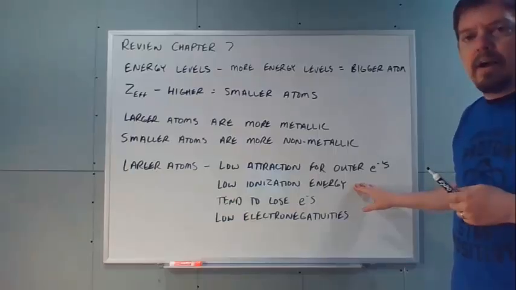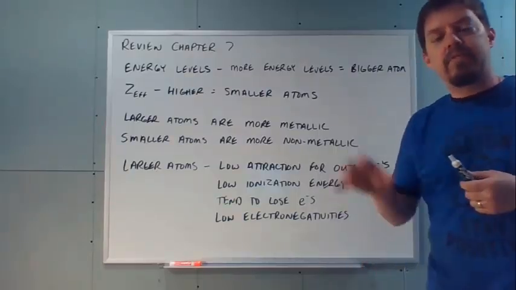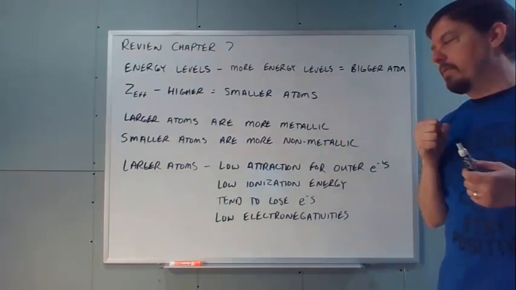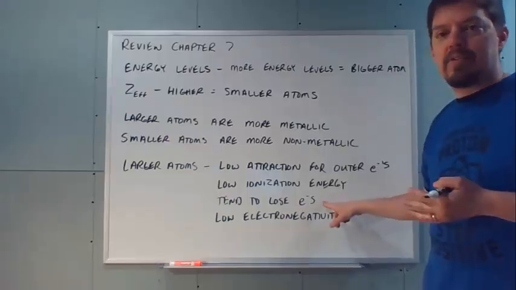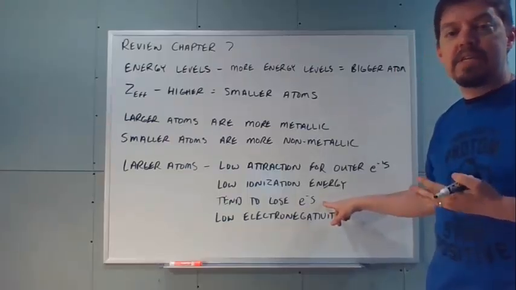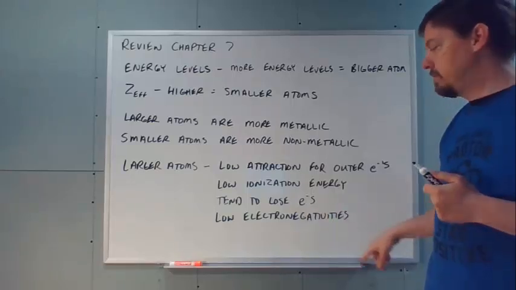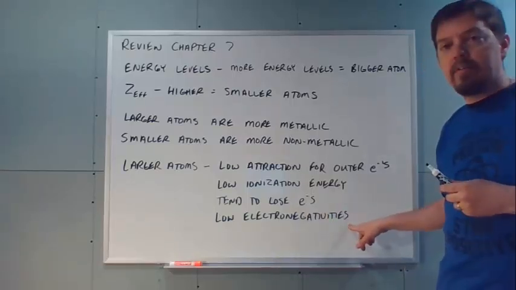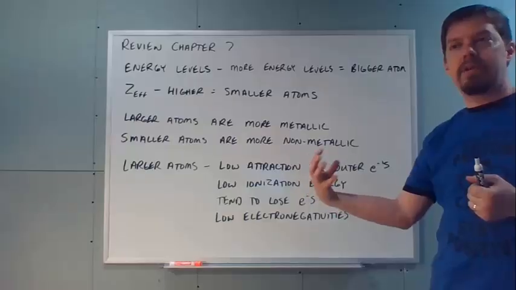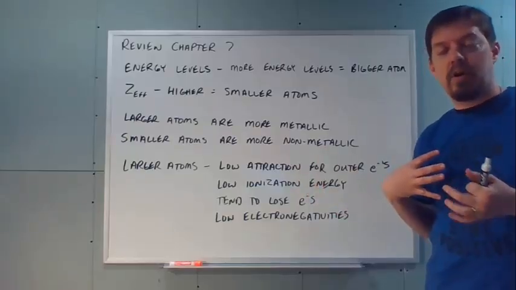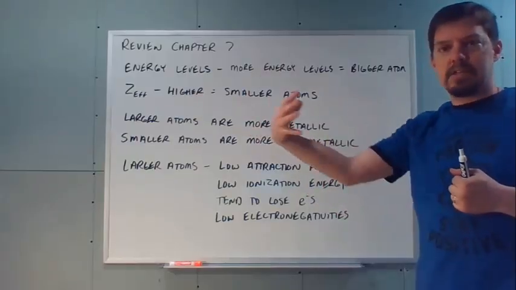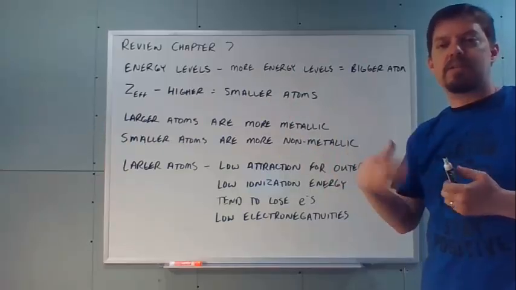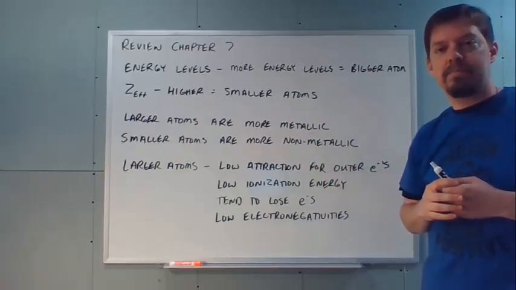Therefore, they're going to have high ionization energies, which means it's going to be really hard to remove electrons from it. They're going to tend to gain electrons rather than lose them, or at least share as another possibility. And they're going to have pretty high electronegativities because they attract their own electrons really well. They're also going to start to pull on other people's electrons and attract them really well too, right?